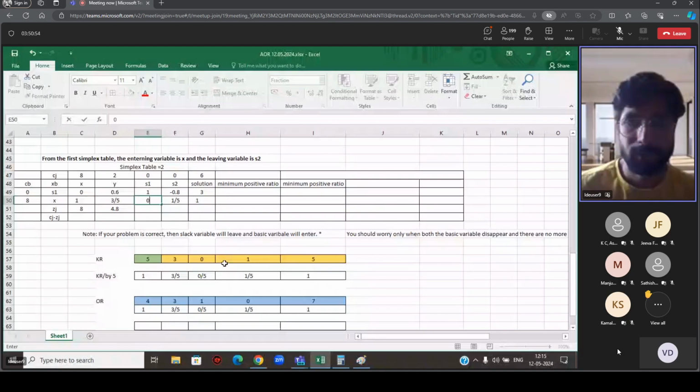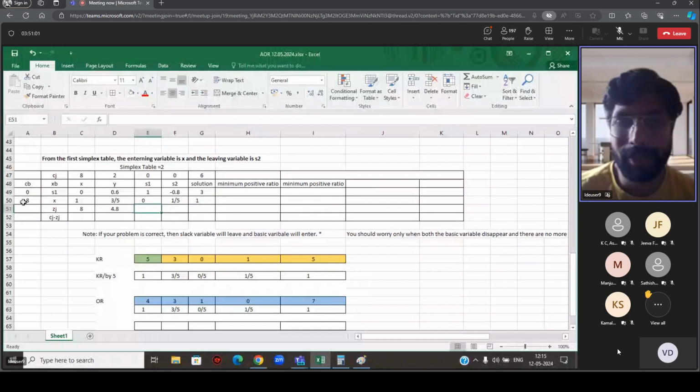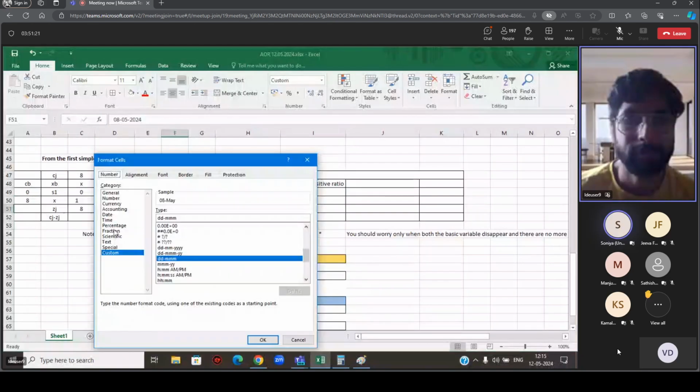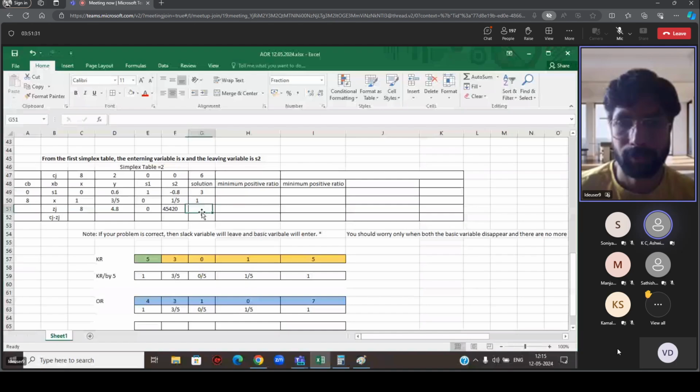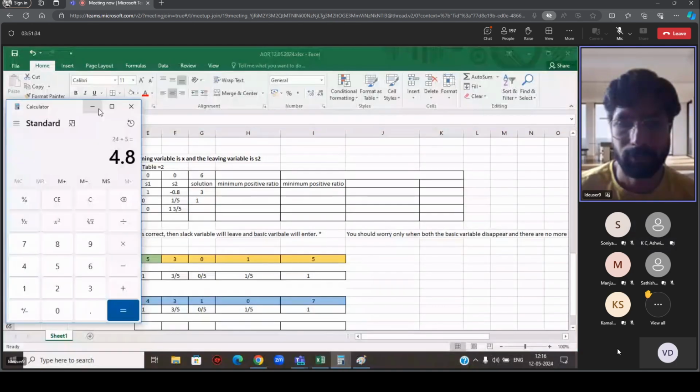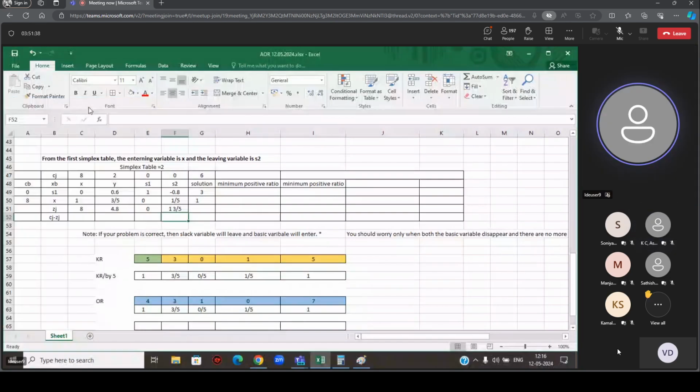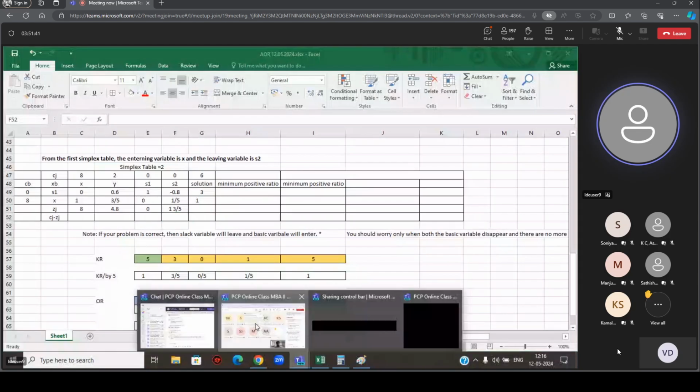After that, next one, 0 into minus 0.8 is anyhow 0. 8 into 1 divided by 5, that is 8 divided by 5.